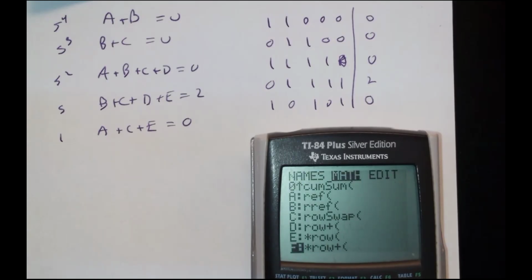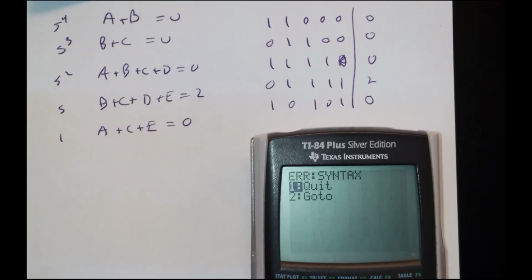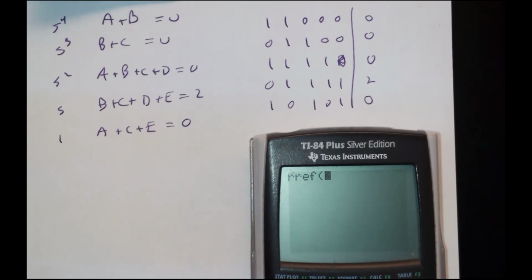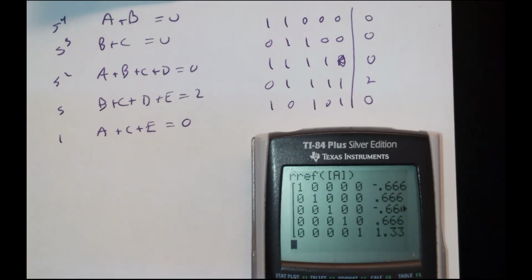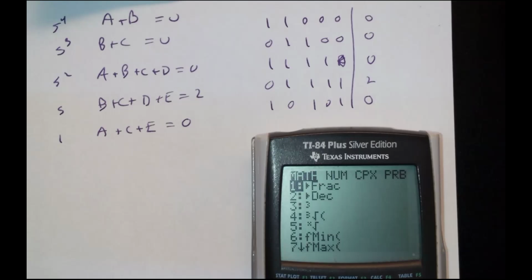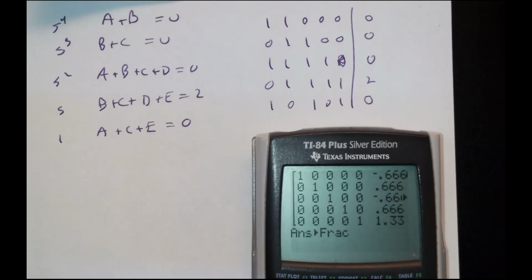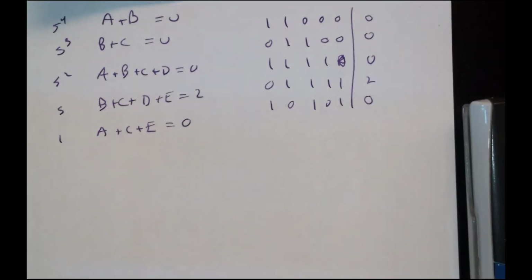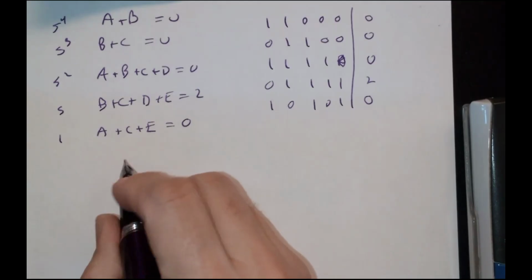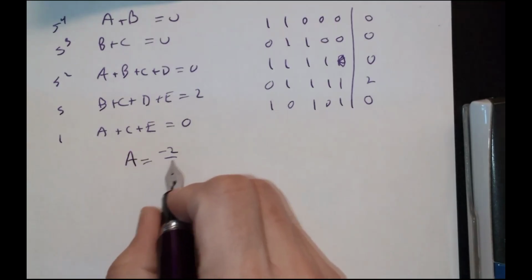Matrix, math, reduced row echelon form of matrix A. I hate decimals, math, fractions. A bunch of thirds. A equals negative 2/3.